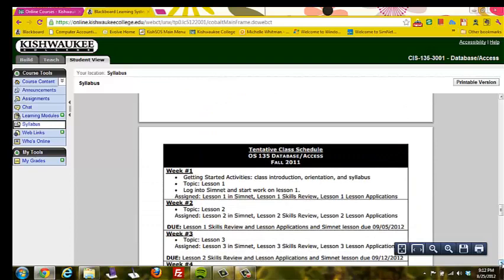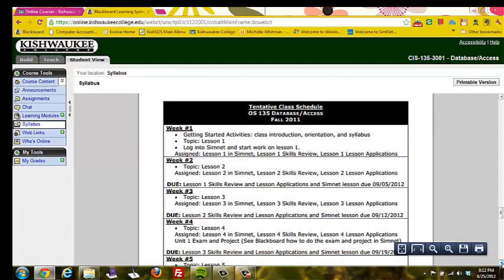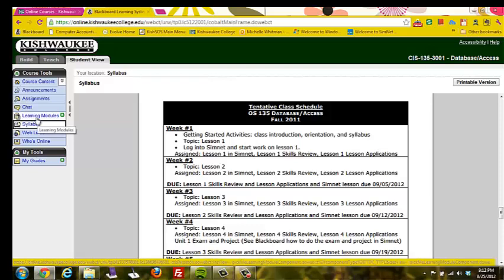Let's just look at the schedule here. So we have week 1. We're going to have some getting started activities. If you look over to the left here under learning modules, you'll see all of the different videos that I have for orientation. We have videos for your SimNet lessons and how to sign up for SimNet.